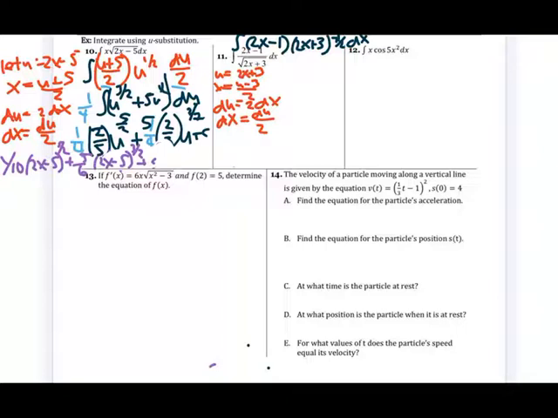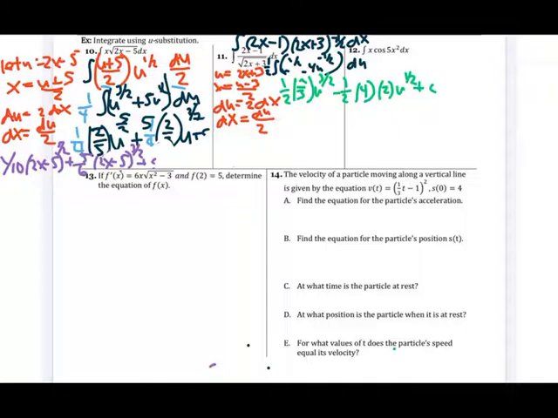And then that's going to simplify again. So I'm going to write that next step down. So that's going to give me 1/2 times the integral of u to the 1/2 minus 4u to the negative 1/2 du. Then I can use the power rule to integrate. That's going to give me 1/2 times 2/3 times u to the 3/2 minus 1/2 times 4 times 2 times u to the 1/2 plus c.